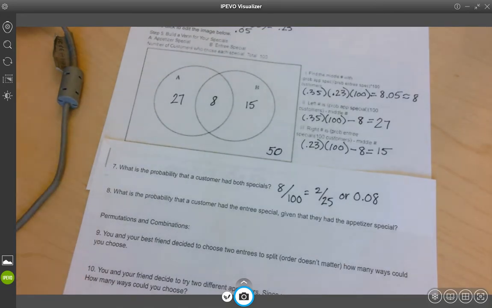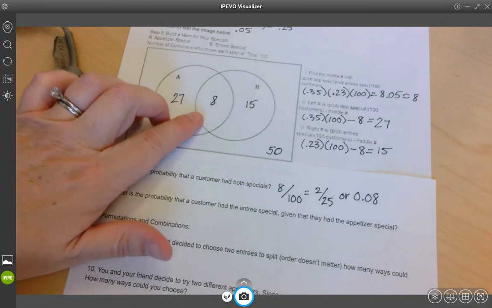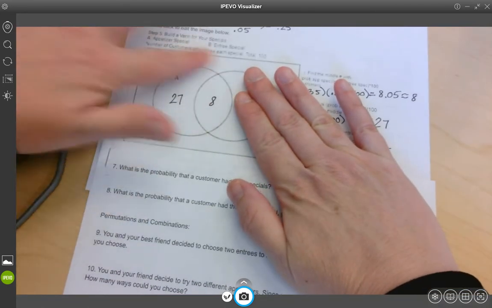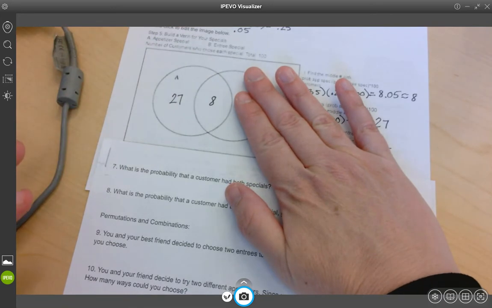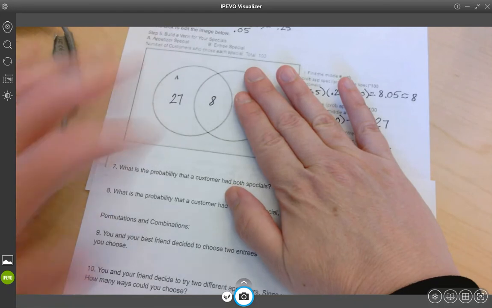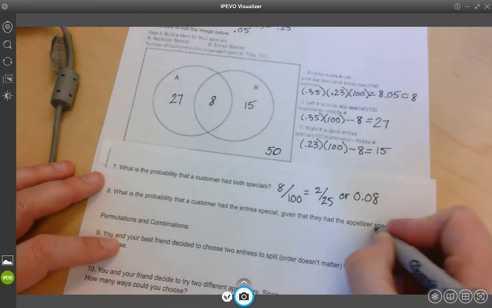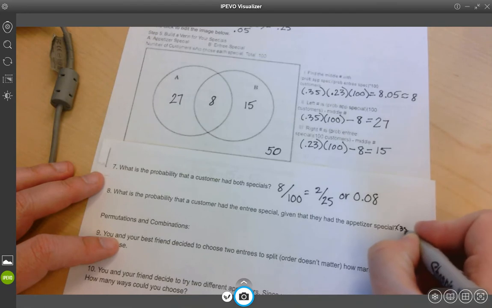All right, probability a customer had the entree special given that they had the appetizer special. Most of you had the right idea here, but some of you looked at the wrong side. So let's take a quick look. They had the appetizer special, which is on the left. So we're only considering these people. How many is that altogether? It's 35 people altogether. So the people who had the appetizer special, that was 35.